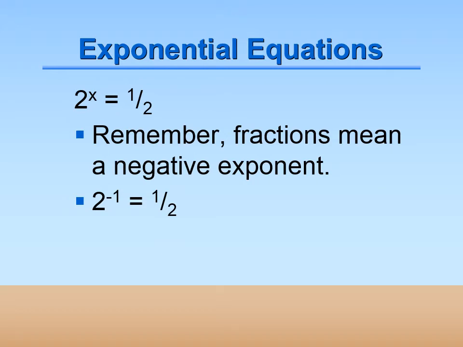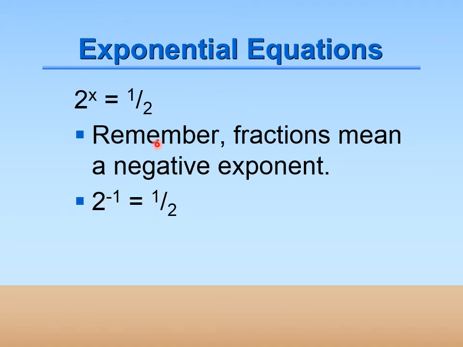So you might have learned it the opposite way. If we have 2 to the negative 1, remember, the exponent doesn't want to be negative, so it moves to the denominator, and it becomes 2 to the first power, which is just 2, leaving 1 in your numerator. So we learned that property at the beginning of the year, and now we're going to use that property back and forth to get our bases to be the same.